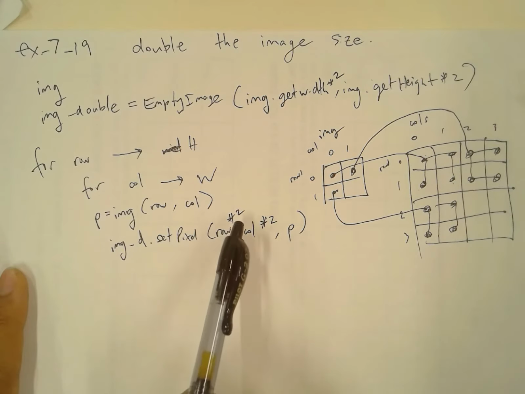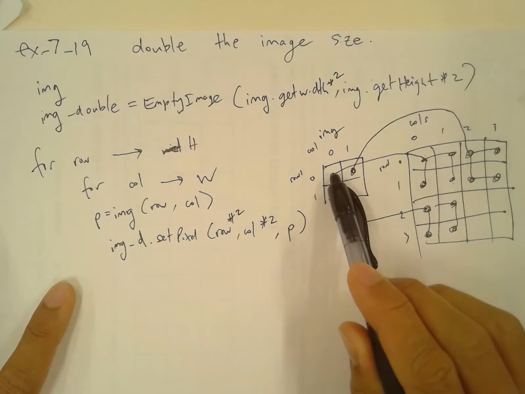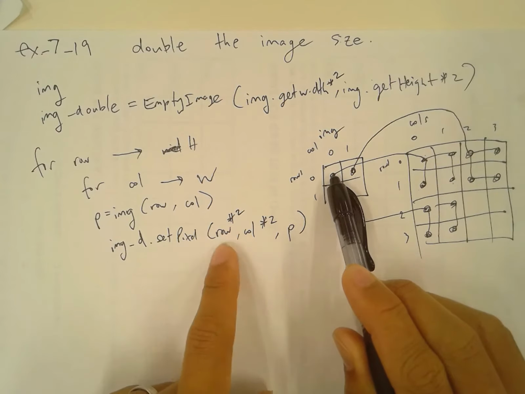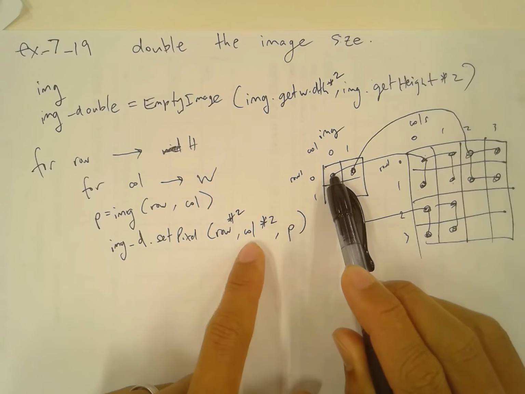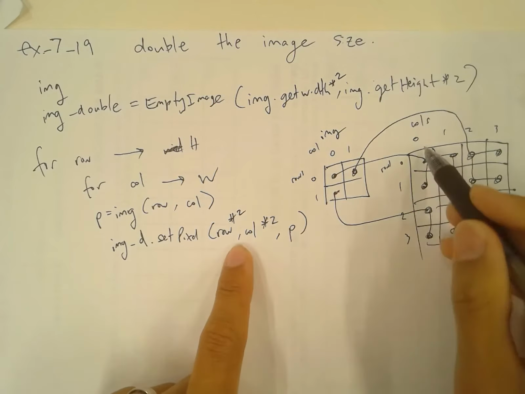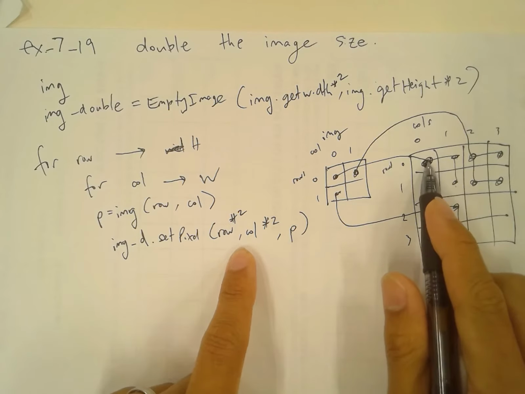If we do row times 2, column times 2, then right here row and column would be 0, 0. So row times 2 is 0 because it's 0 times 2, and column times 2 is 0 times 2. So that would make this set pixel be this spot right here, on the first iteration of this inner for loop.